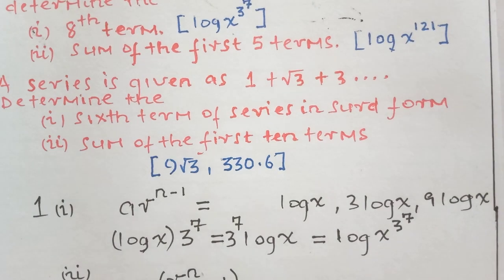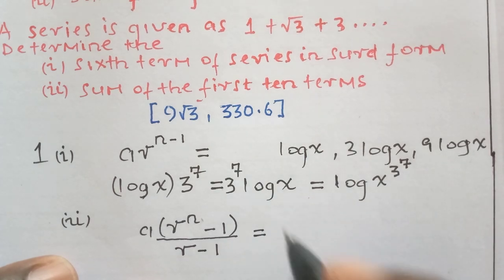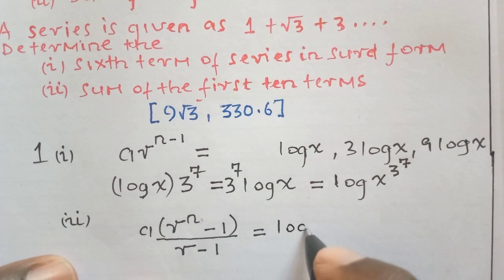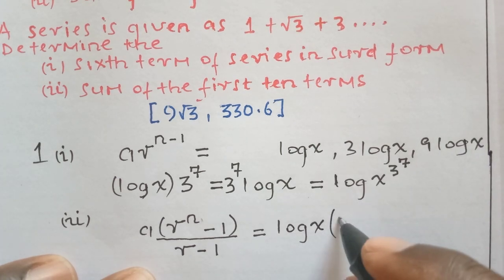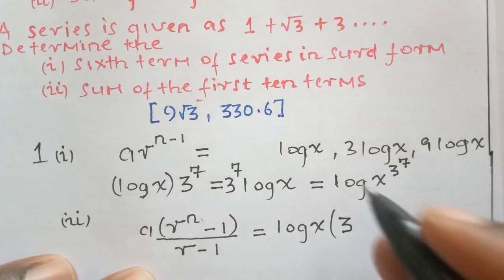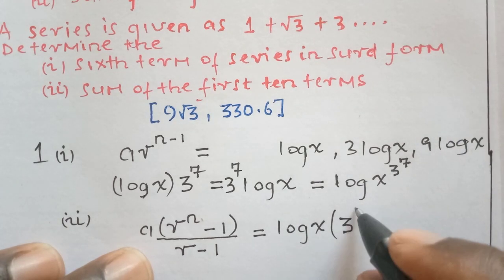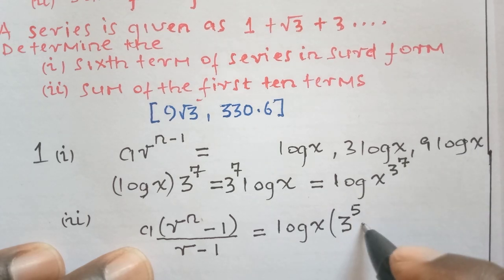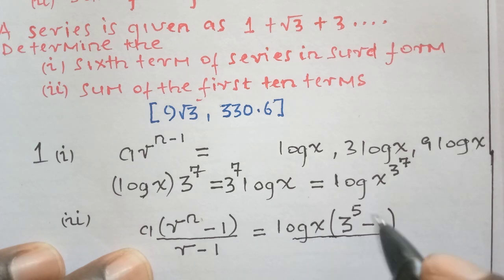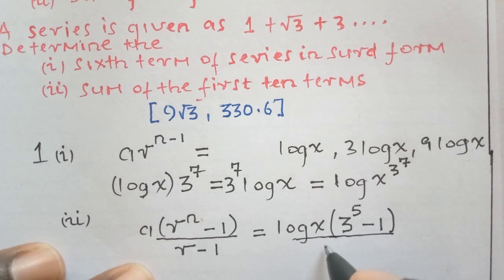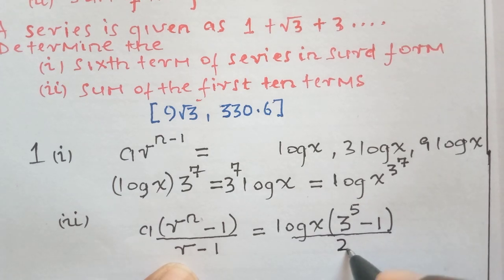So this will be equal to a, which is log x, and then r is 3 raised to n, which we know now is 5, minus 1 all over 3 minus 1, which gives us 2.